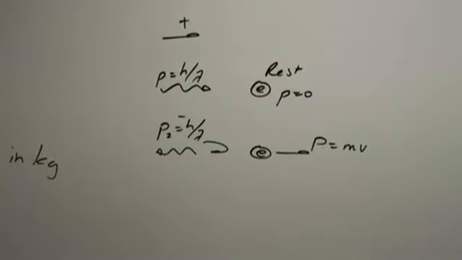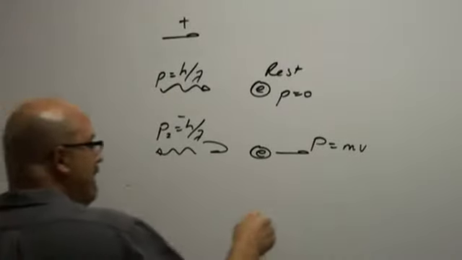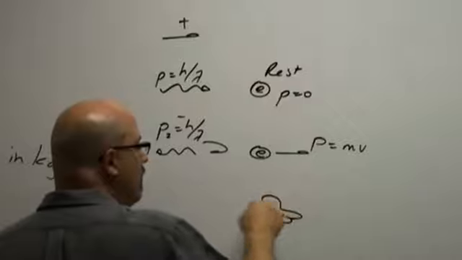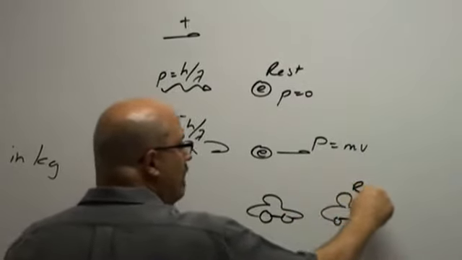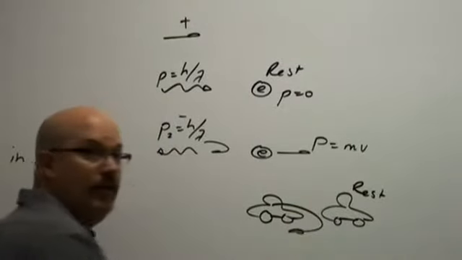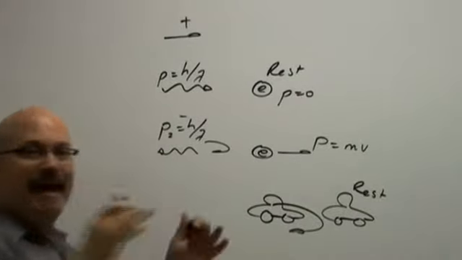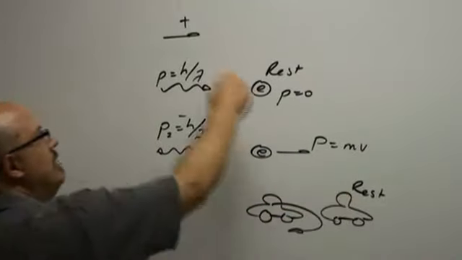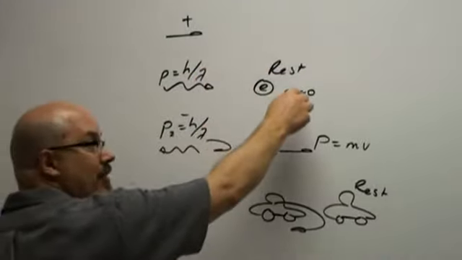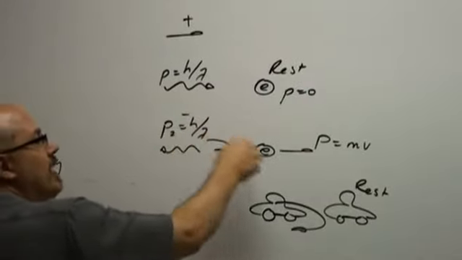Does that make sense? It's exactly like a car hitting another car, where this one's at rest, this one hits and recoils. It's the exact same problem, except instead of the momentum being mv and mv, it's h over lambda and nothing here. Afterwards, it's a negative h over lambda.